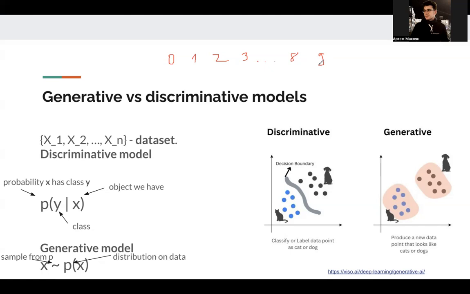For example, we can take 0 with 0.5 probability, 1 with 0.2 probability, 2 with 0.3 probability, and the others with 0 probability. This means that if we take a random element, we will get these three elements with these probabilities, and the others with 0 probability, so we wouldn't take them.